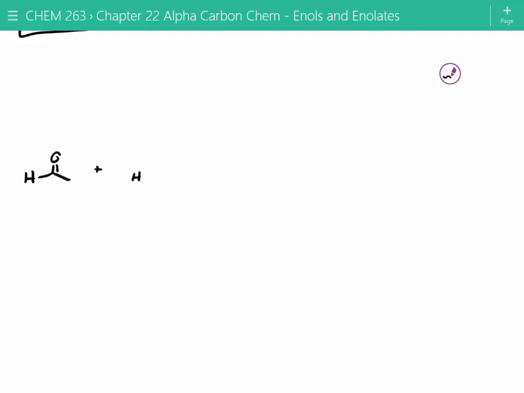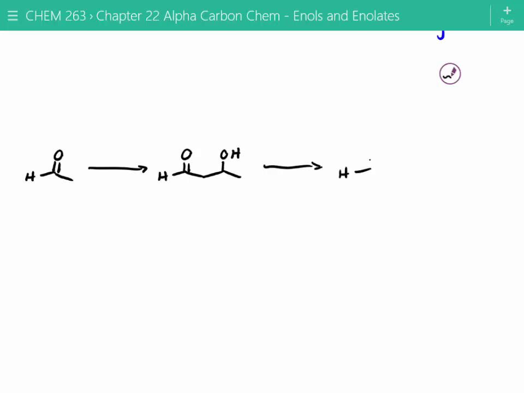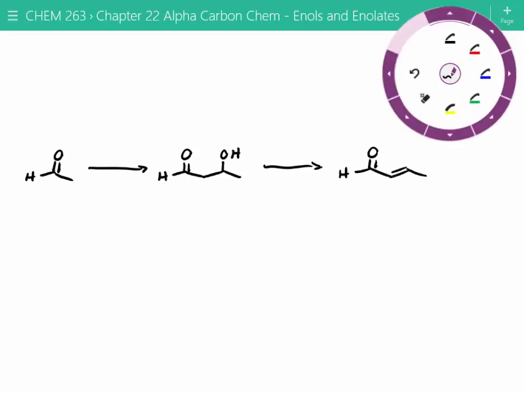So if we have two aldehydes, we can react them using sodium hydroxide to get to our beta hydroxyketone. And then this beta hydroxyketone, we can react to get to our alpha beta unsaturated aldehyde.